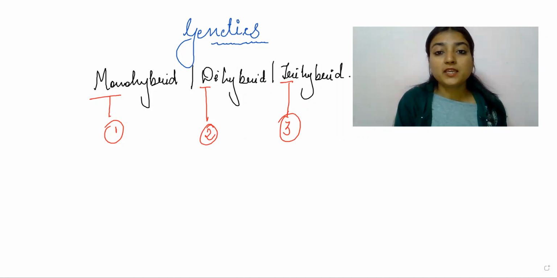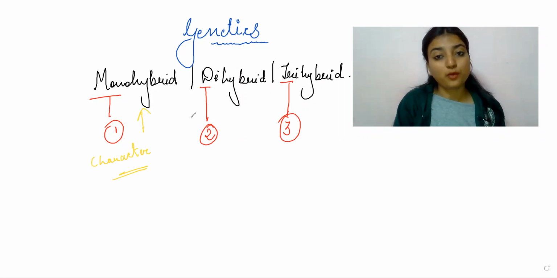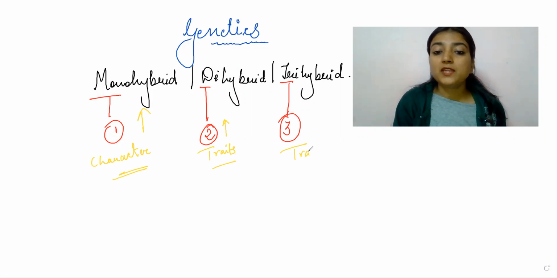If we are taking one character or trait and crossing between them, then it is known as a monohybrid cross. If we are taking two characters or traits and crossing between them, it is a dihybrid cross. Whereas if we are taking three traits or characters and crossing between them, it is a trihybrid cross.